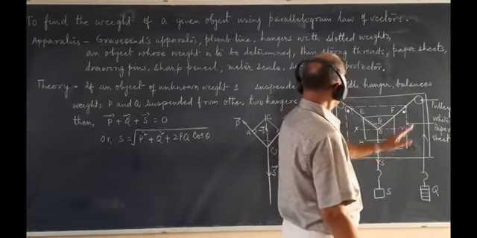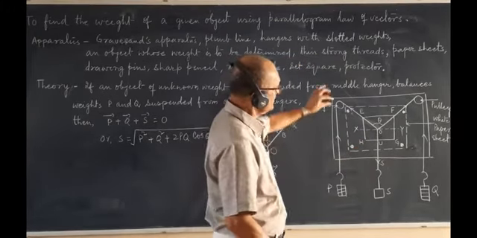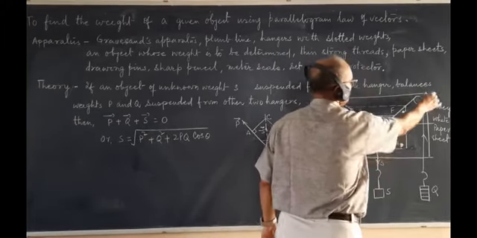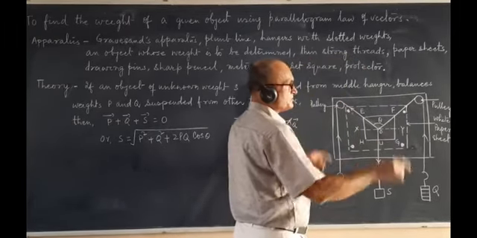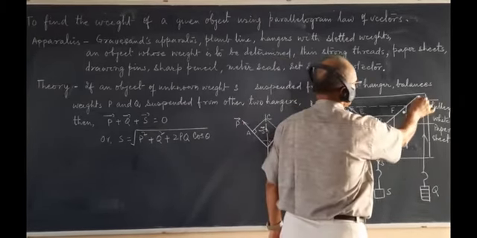Now this is the apparatus, and we will discuss it here. It is just like a drawing board made of a wooden sheet. This is one pulley and here is the other pulley.